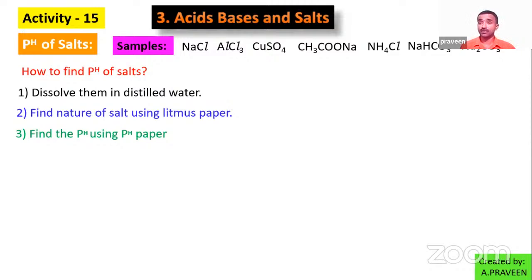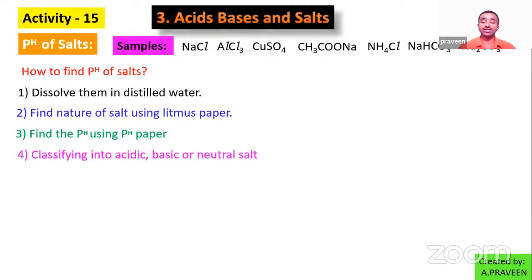Next, we verified our result with two indicators. One is litmus paper and the other is universal indicator. We used both. Then decide, classify the nature of the salt here as acidic, basic, or neutral salts.